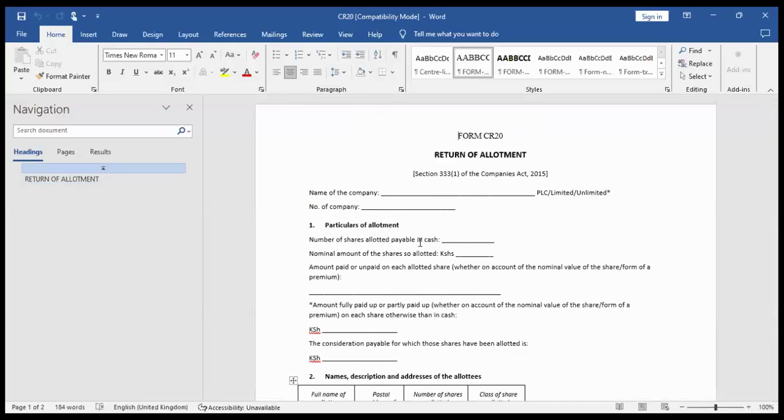It has all the procedures and the forms. In fact, I can tell you with certainty that a question on the procedures of a company will come. Any procedures that involve a company will come. That is a compulsory question.